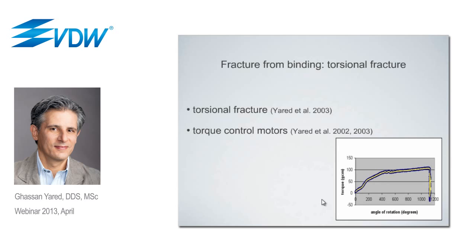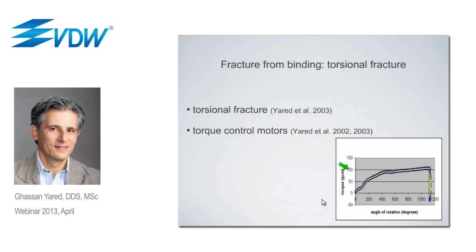And then they chose a value that is lower than the torque at fracture of that instrument, and they set that value on the motor. Let's take this example that we have here. This is an instrument that has a torque at fracture of 100 gram centimeters. So we determine the torque at fracture of the instrument. Here it is 100 gram centimeters.